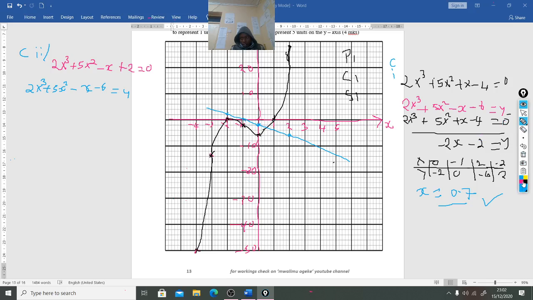So we write that equation, which is 2x cubed plus 5x squared minus x plus 2 equals 0.